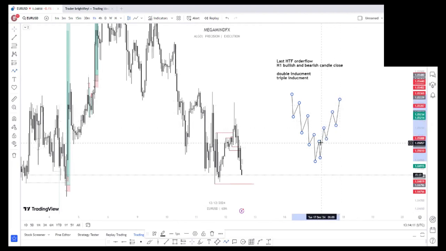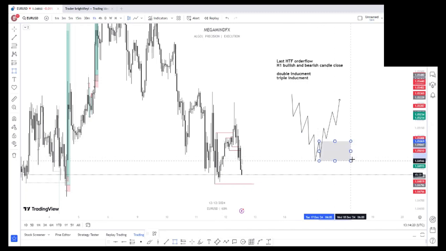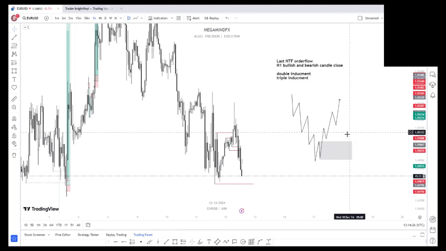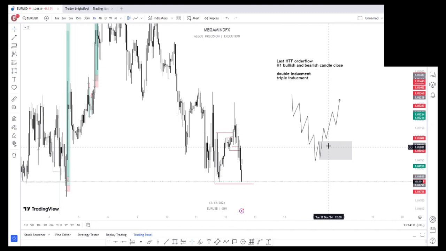This was the point the switch happened, so I'm going to be waiting for price to come back into this point. That's my last higher time frame order flow. The same thing applies for the sell: at the point price switched, that's where.